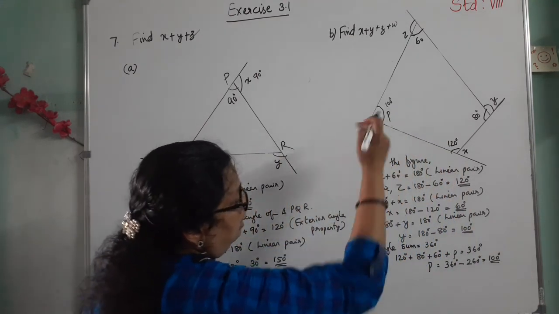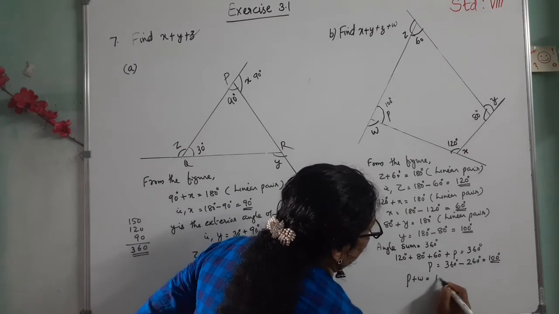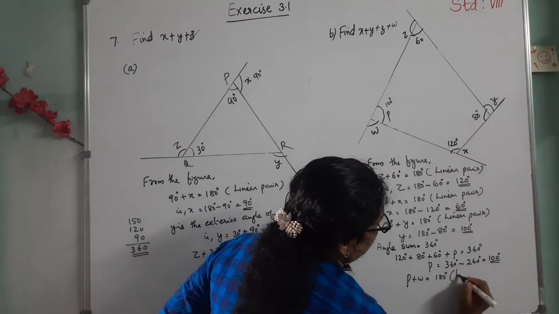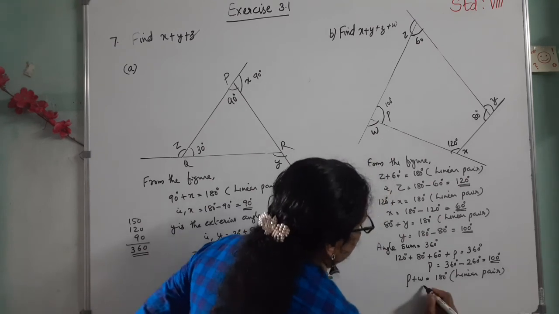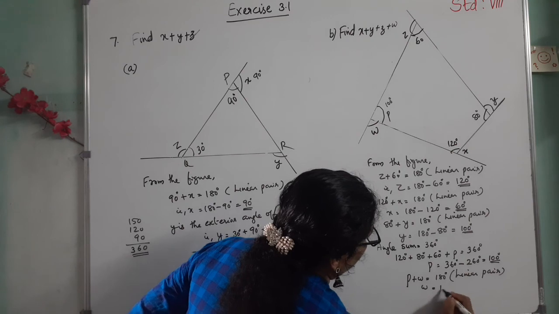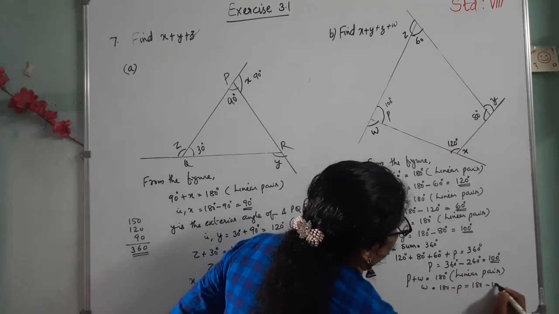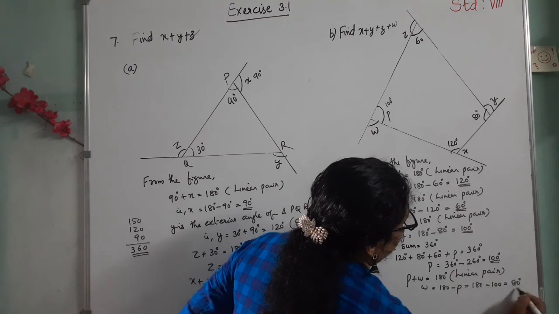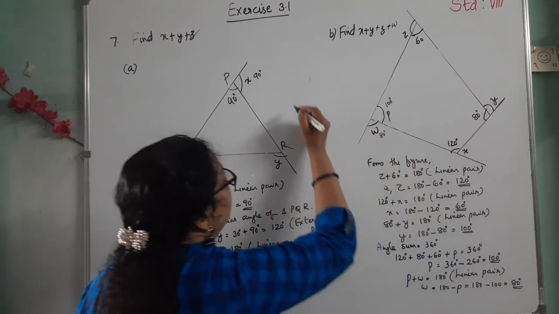Then this P and W. Then we can write P plus W equals 180 degrees. That is a linear pair. So W equals 180 minus P, that is 180 minus 100, which is equal to 80 degrees. So this W is 80 degrees.